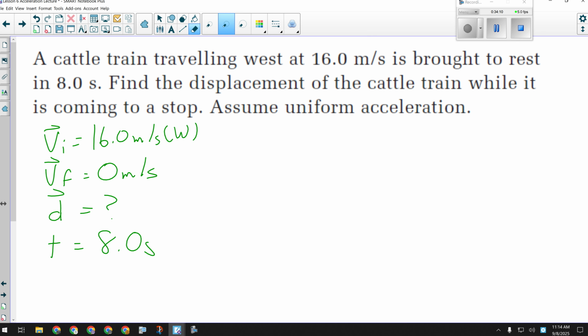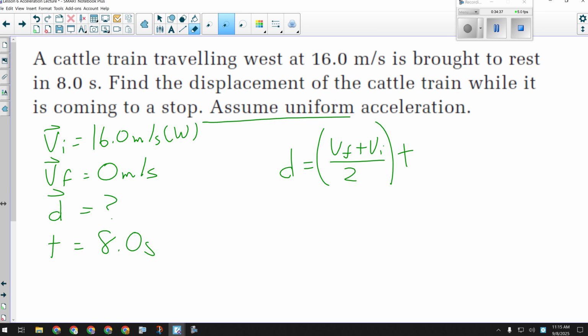Because it doesn't have acceleration in it, does it? Okay, I'm thinking it's probably this one. Okay, I have VI, I have VF, I have time. I don't have acceleration, but I know the velocity is changing. Okay, this is the only one I can use here.